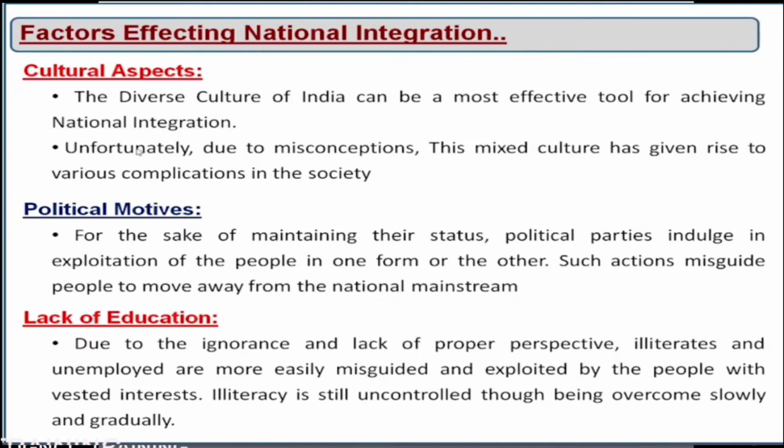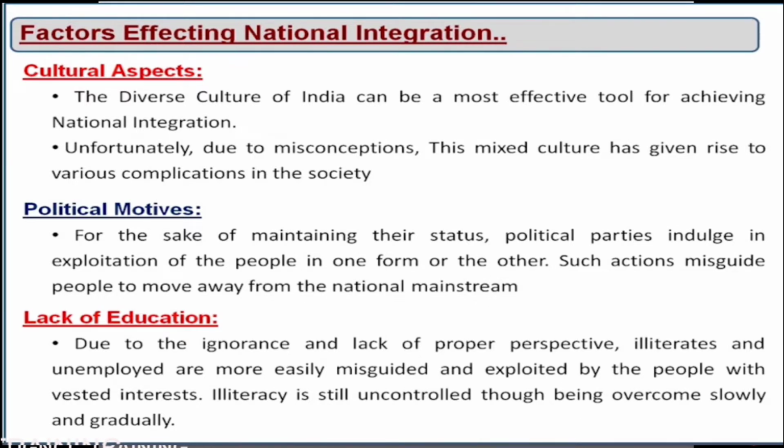Coming to the next factor, political motives. For the sake of maintaining their status, political parties indulge in exploitation of the people in one form or the other. Their actions misguide people and take them away from the national integration feeling.